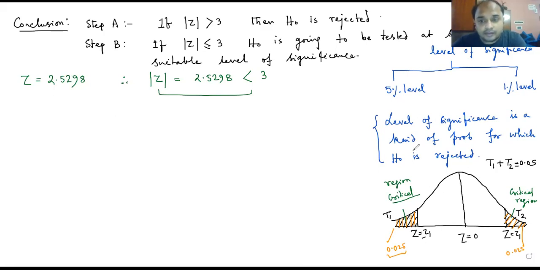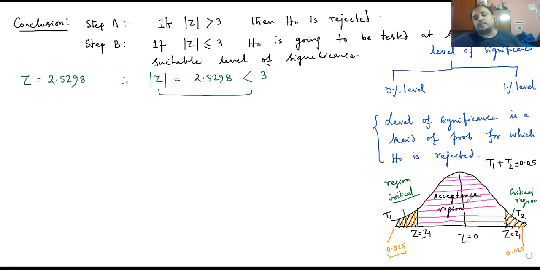And in between, let me mark it properly, this portion of the curve is called the acceptance region, as you know. Let me write it over here. It is called acceptance region.